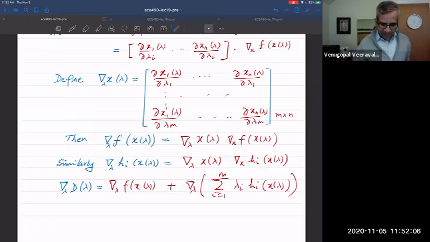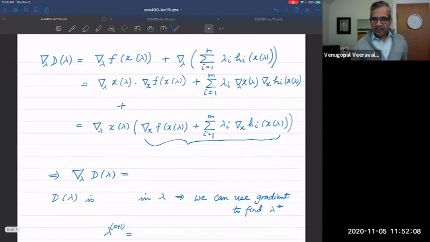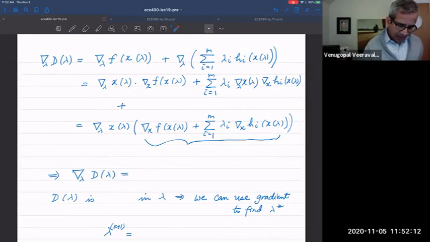So let's go ahead and do that. From the previous result, this gradient is just the gradient matrix times the gradient of f. And if I look at each term inside the summation, fixing this lambda first, I'll get the gradient of the hi, which is the gradient matrix x times the gradient of hi. And then what's missing?